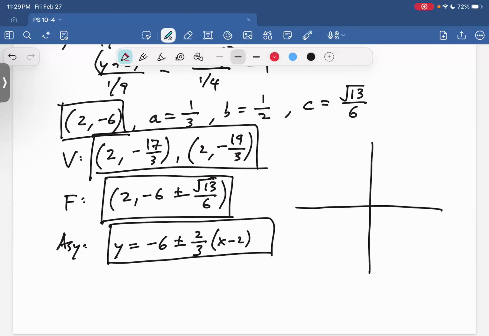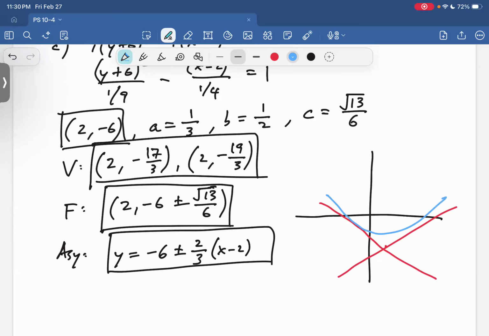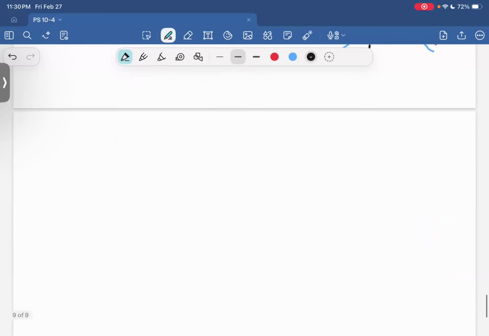My center is at 2, -6. And I have a vertical hyperbola, right? D.